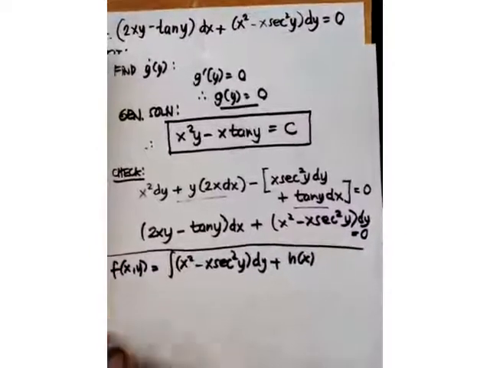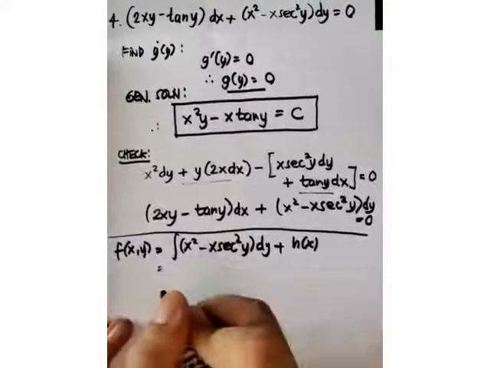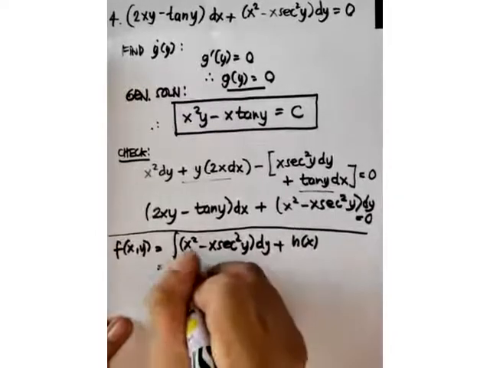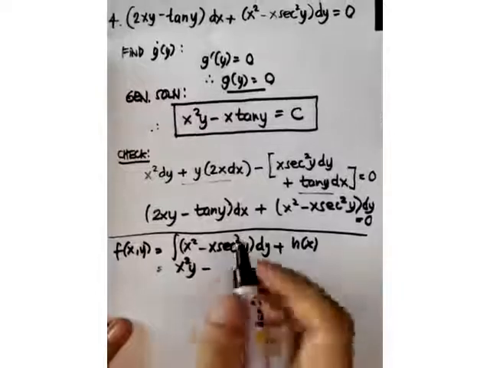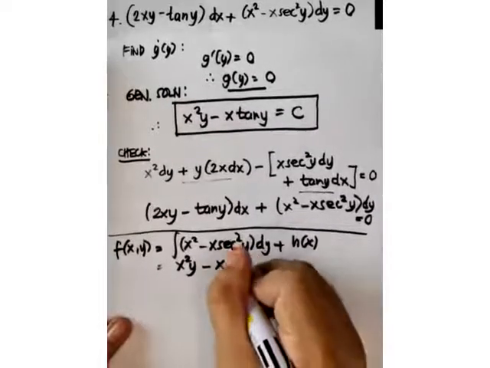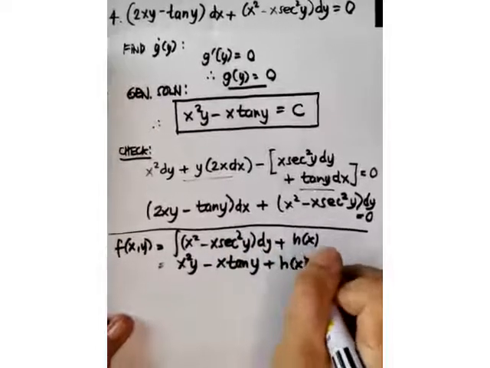So, integrate ko siya. Ang sagot ay, in terms of y, so this is constant. X squared is constant. So, magiging lang siyang x squared y minus x, ano integral ng secant squared y? Tangent y plus h of x.